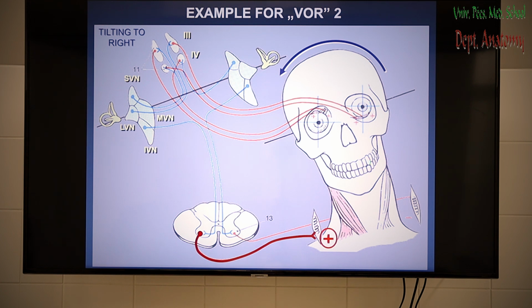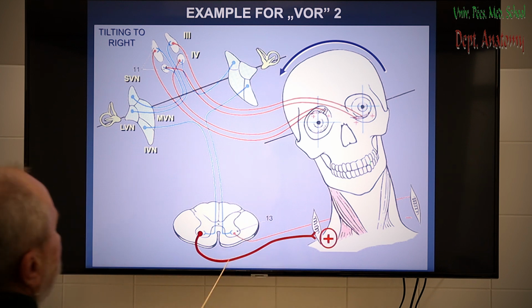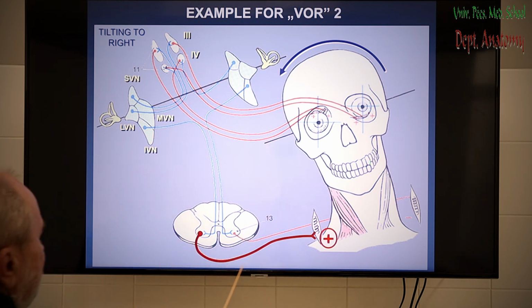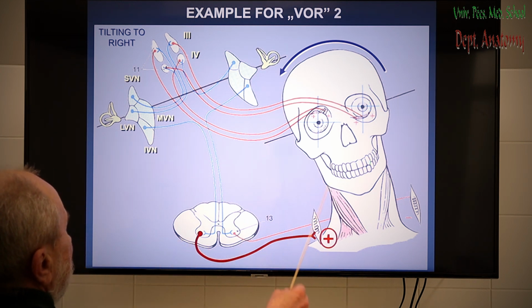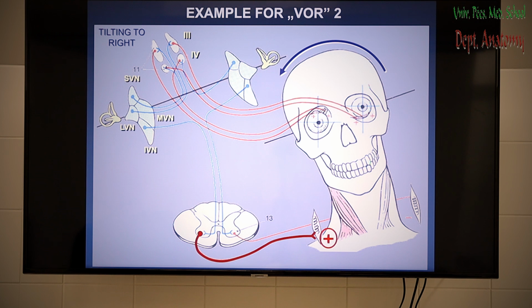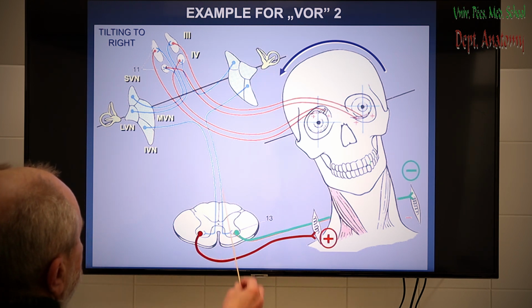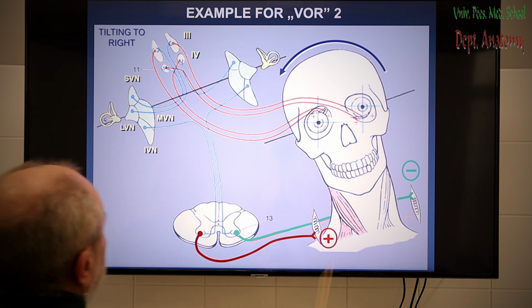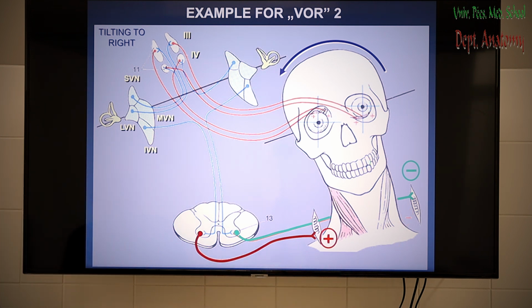But looking into the details of these happenings, tilting to the left is made by the activity of motor neurons innervating the sternocleidomastoid on the left side, and at the same time, of course, there is inhibition of the contralateral muscle.